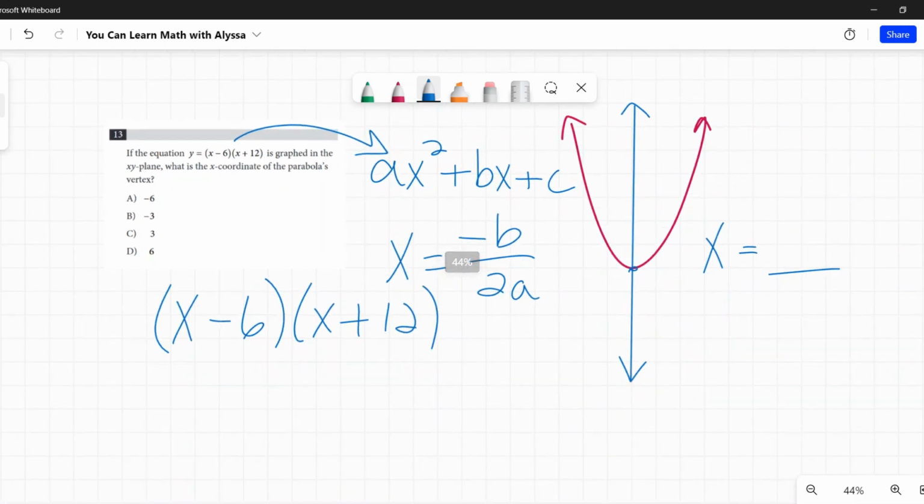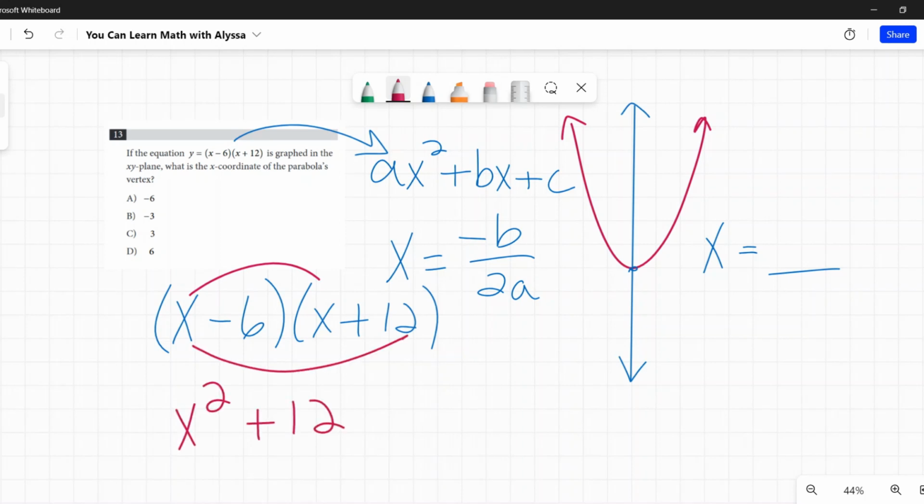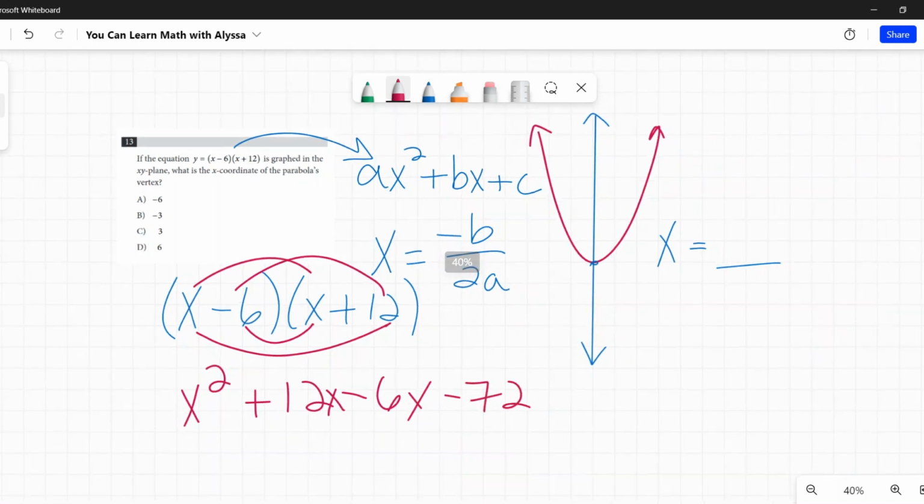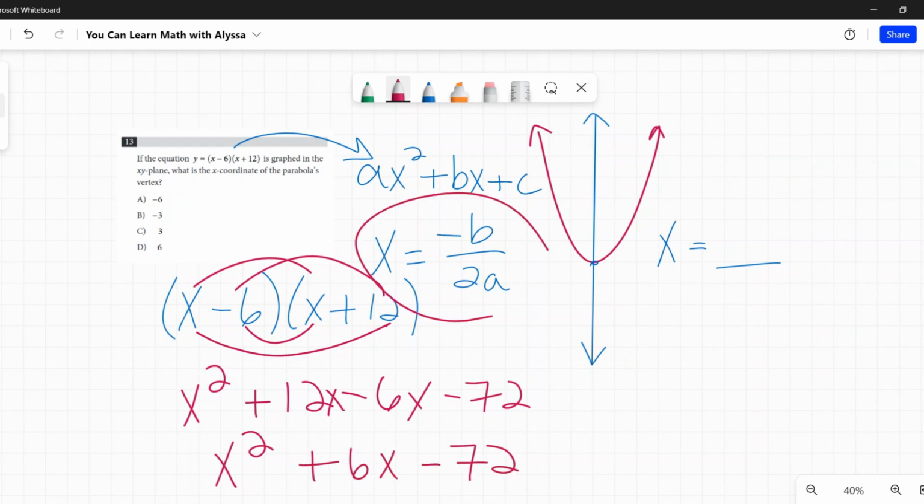And I'm going to use FOIL. So I multiply my first terms, x squared, my outside terms, 12x, my inside terms, negative 6x, and my last, negative 6 times 12, negative 72. And when I combine like terms, I get x squared plus 6x minus 72.